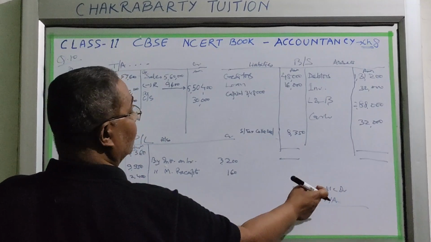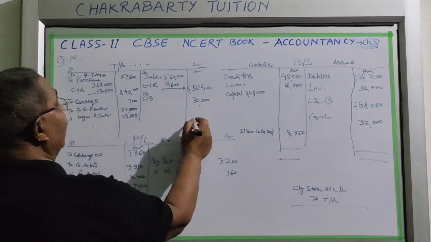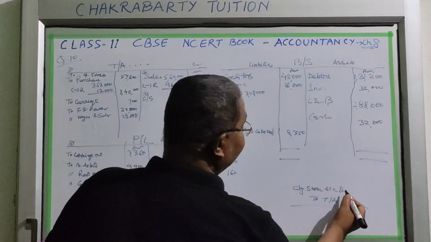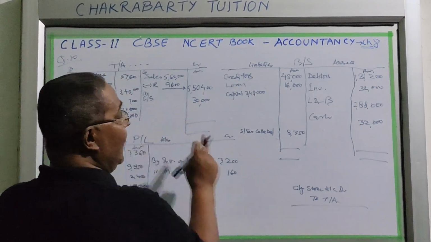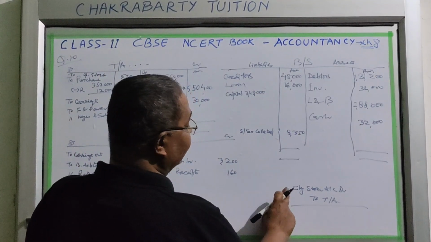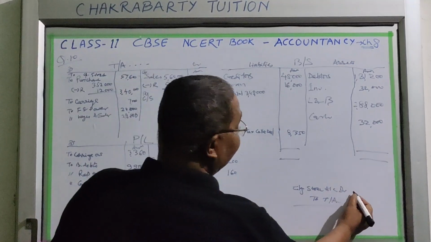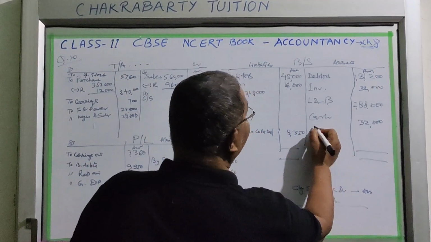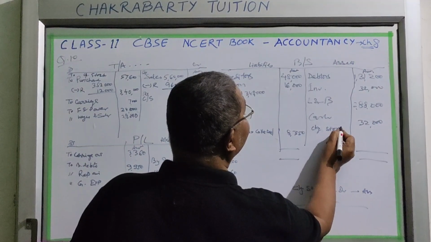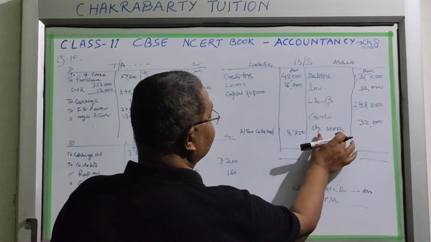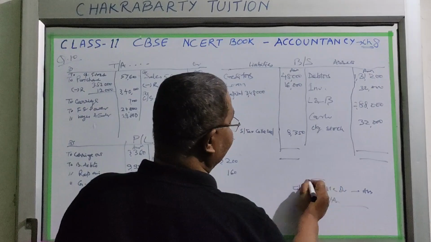Closing stock is debit, and when you make a debit, it will go to two sides. It will come here, and this journal entry creates an asset. That's why it will come here also. You have created this balance by this journal entry.